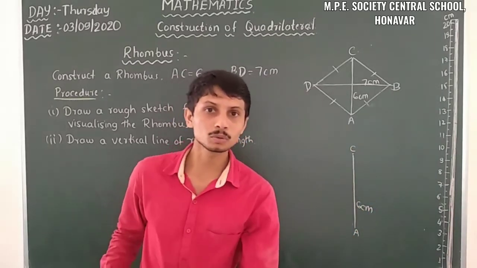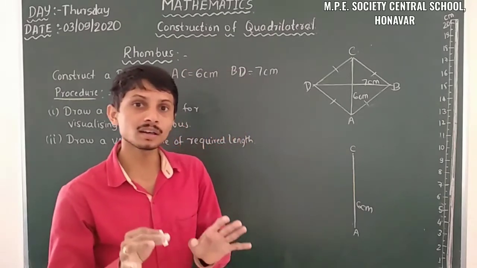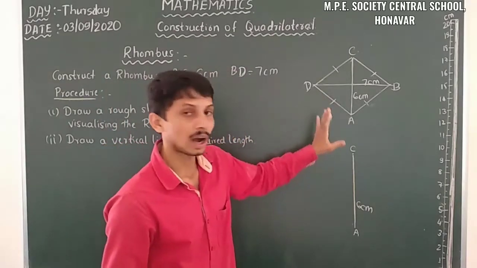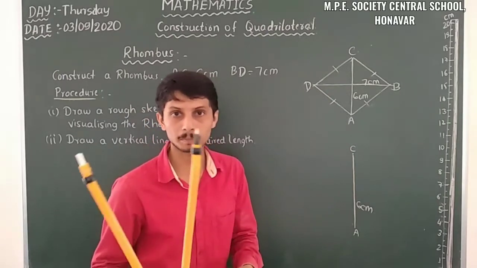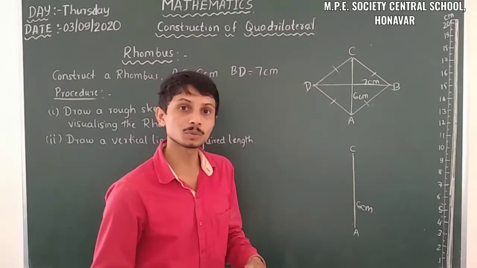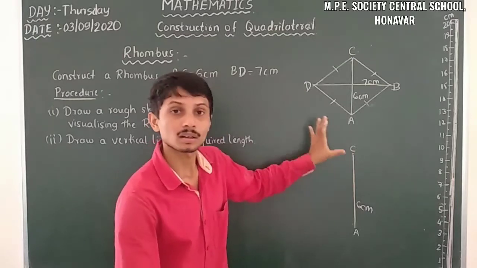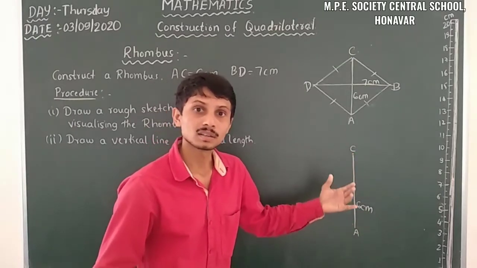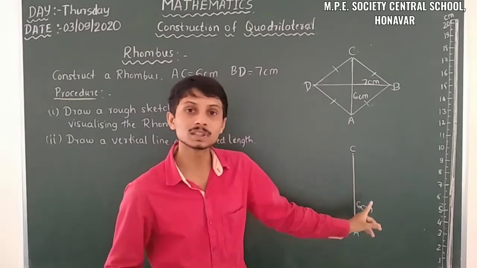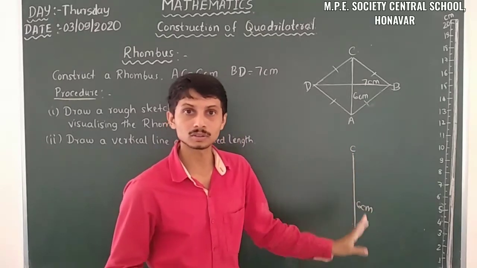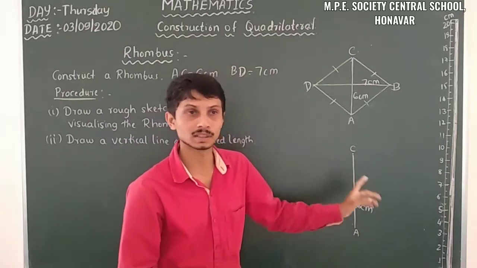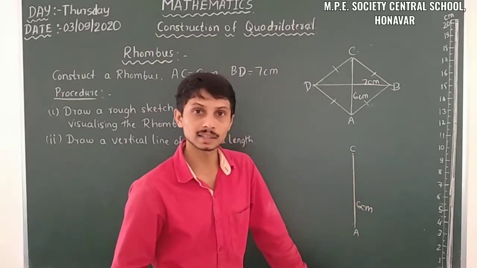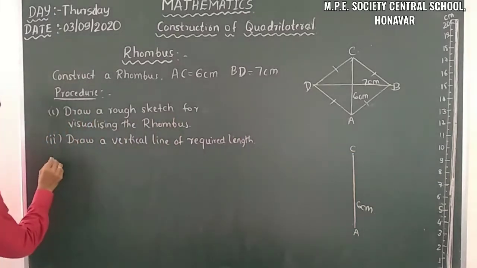So after that, what you have to do? We have to take a length in the compass. That length should be higher than the half of this diagonal AC. So here what you have to do?